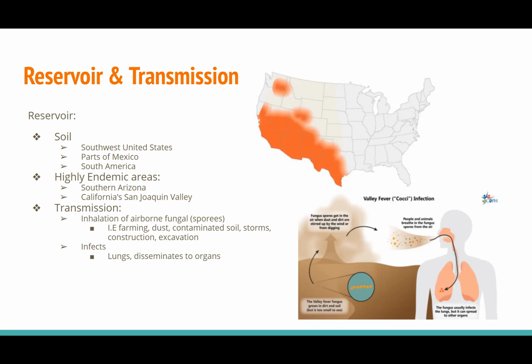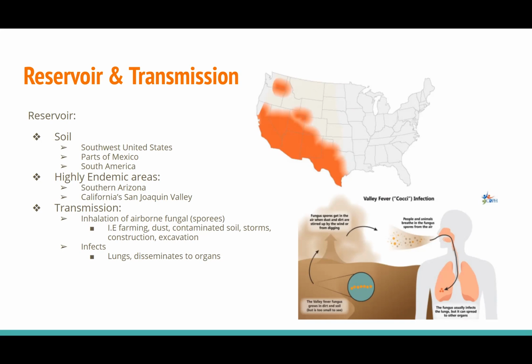On the bottom of that map picture, you can see the transmission. So valley fever is spread through an infection of fungal spores. What basically happens is when you disrupt the soil, the soil gets into the air, and then you inhale the airborne fungal spores.